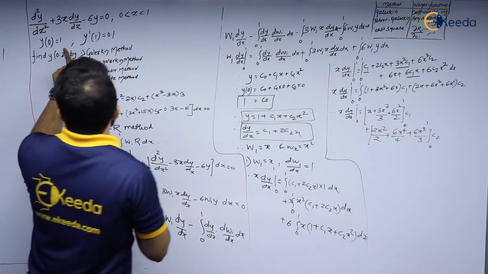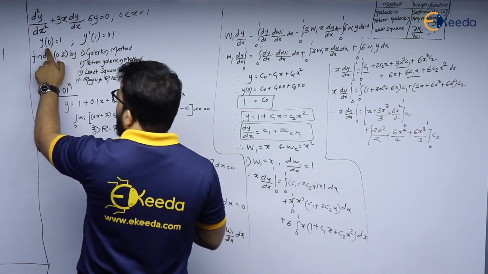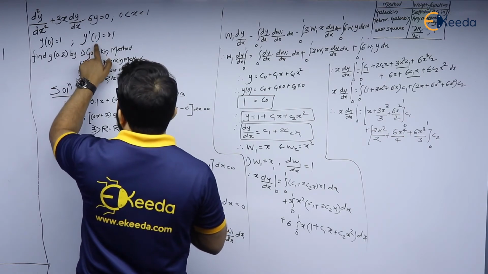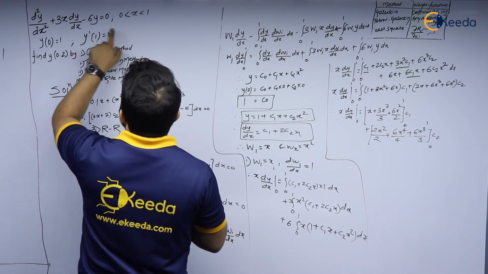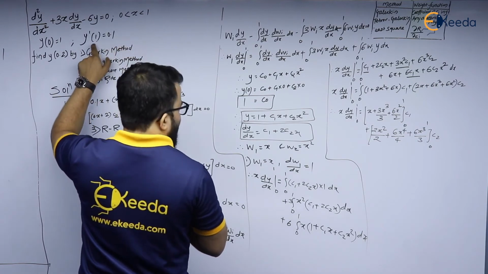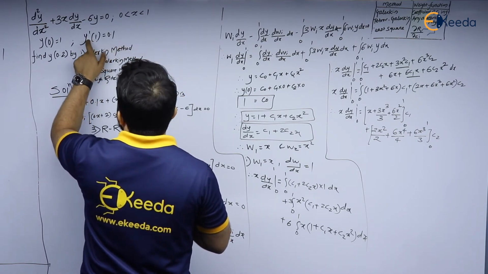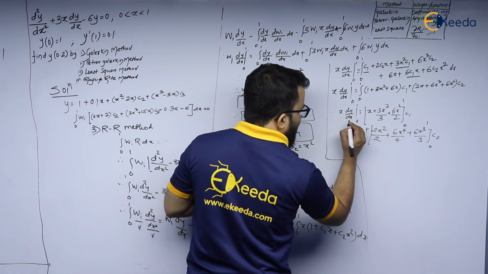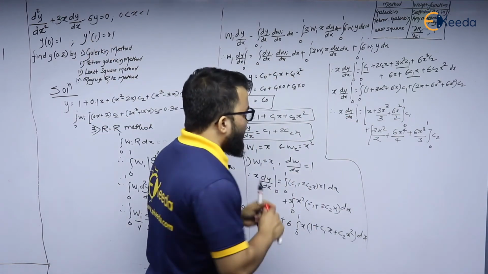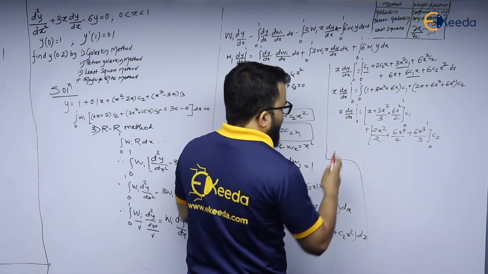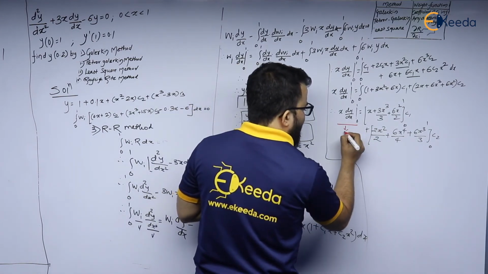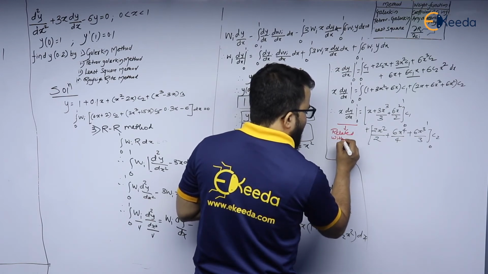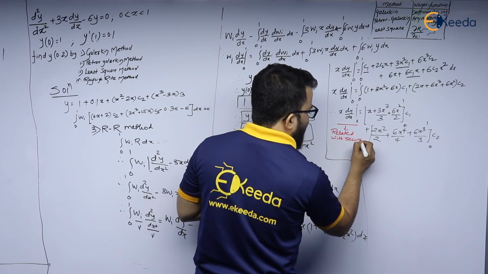There are two boundary conditions: one is the essential, which is related to the primary variable, and the second is the natural, which is related to the secondary variable. So y dash, which is dy by dx, is the secondary variable. I have a value for the secondary variable boundary condition, 0.1. So this is related to the secondary boundary condition, the secondary variable.